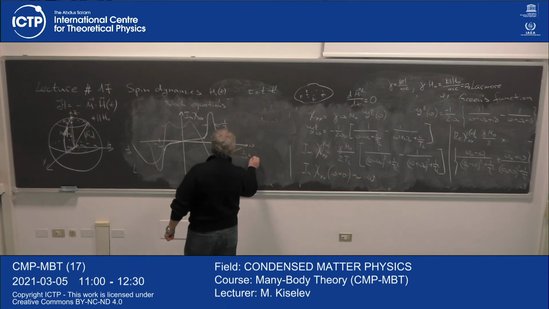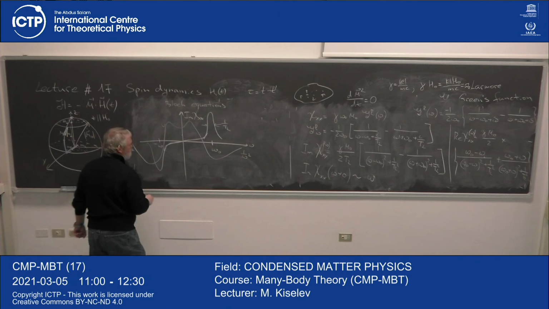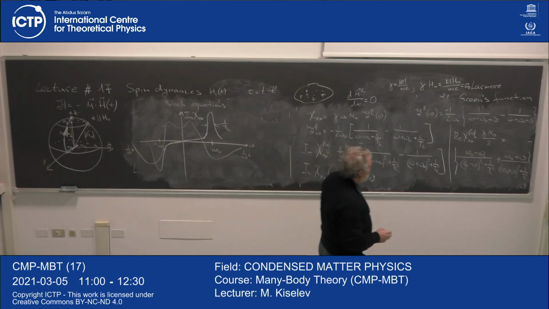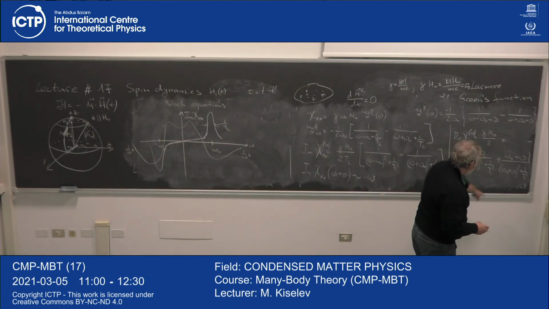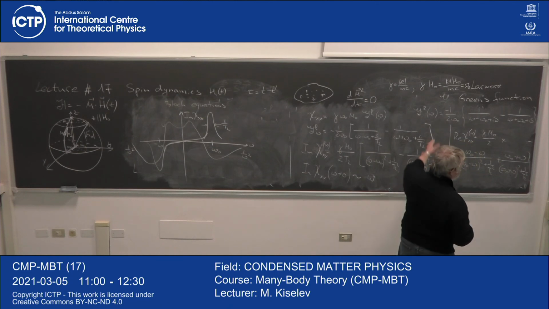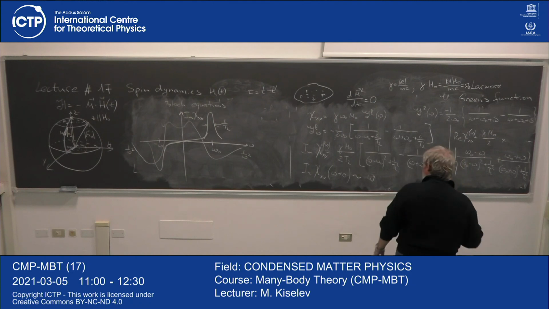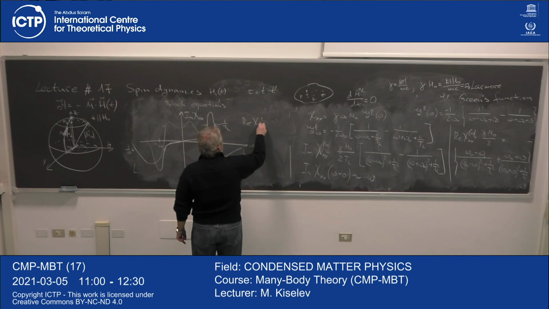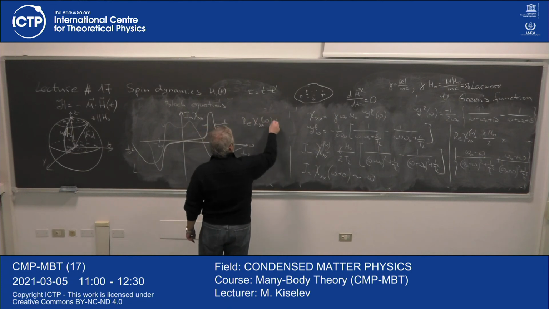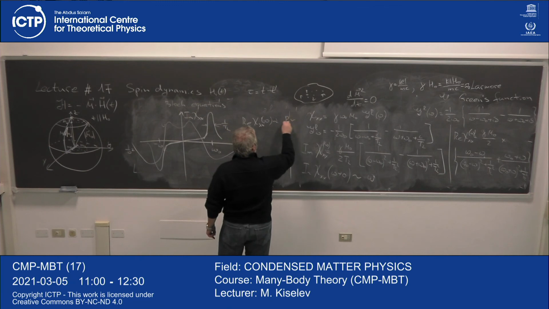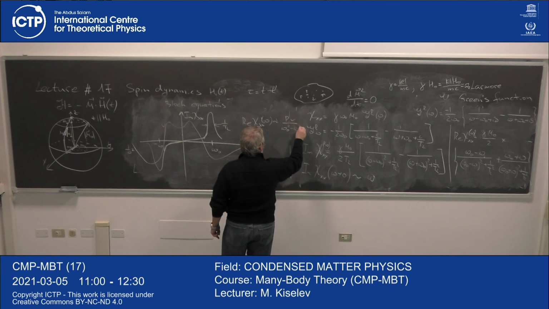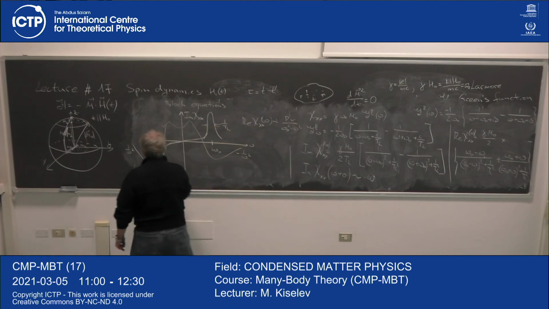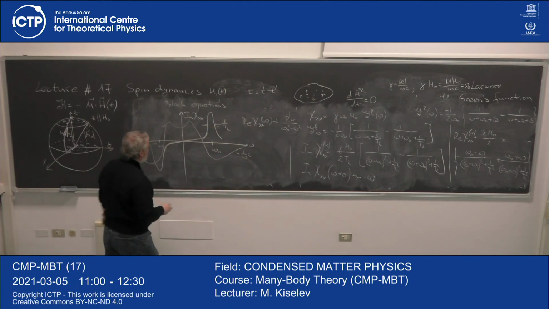As 1 over omega squared, because the leading term will cancel out. And you see that this is actually the principal value of 1 over omega naught squared minus omega squared. So the real part of chi xx is the principal value of 1 over omega naught squared minus omega squared. So it behaves as 1 over omega squared at both wings.